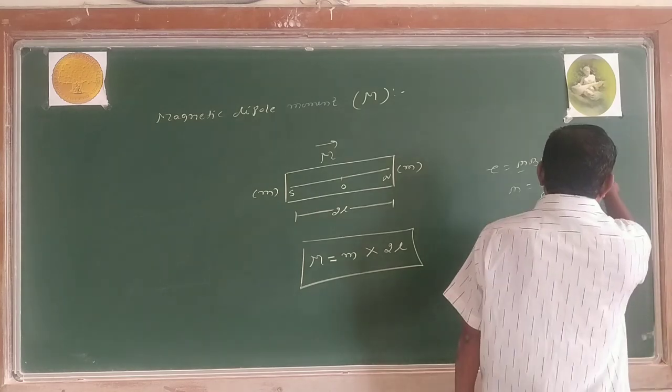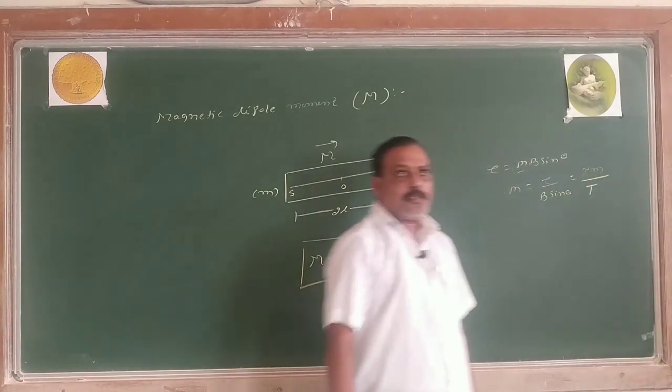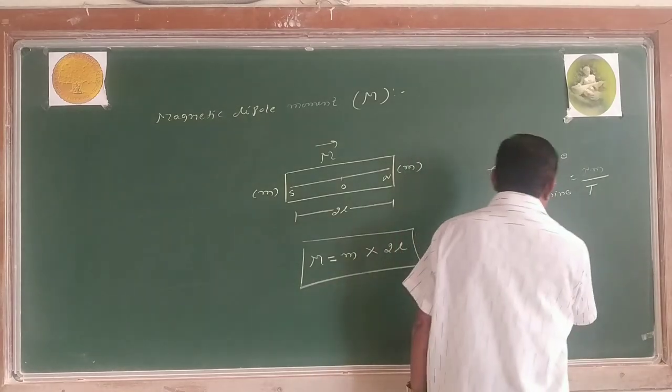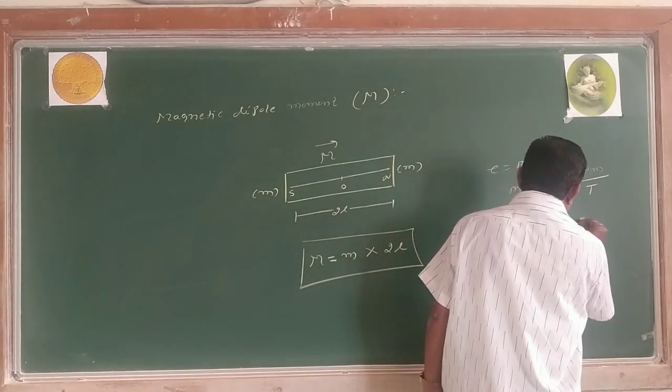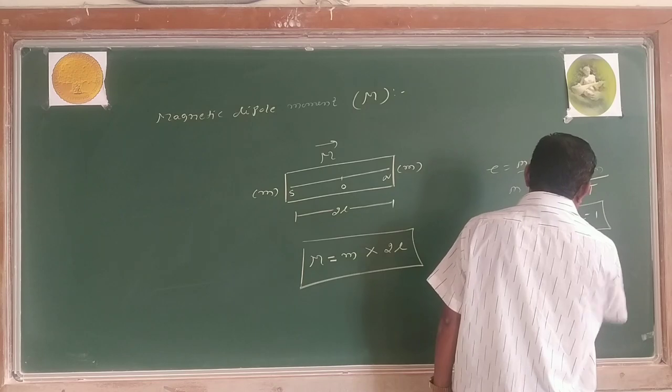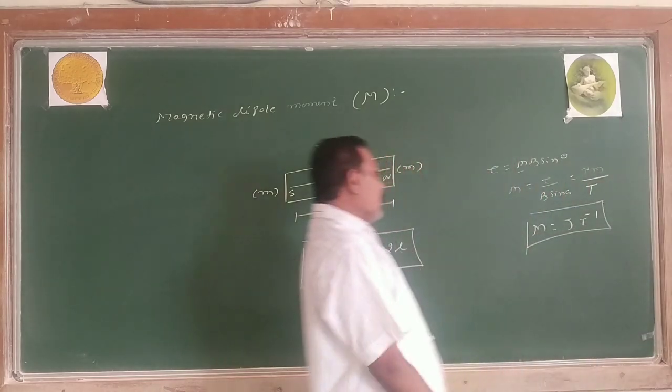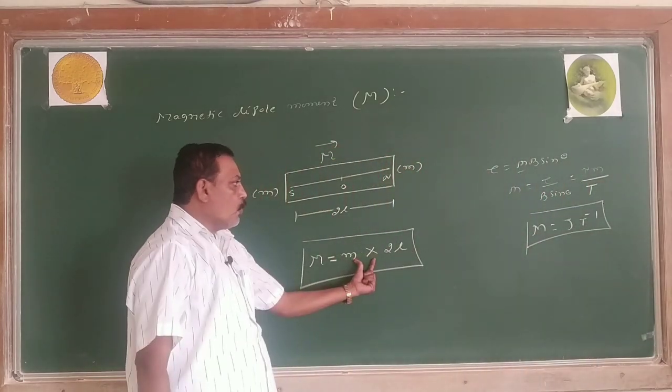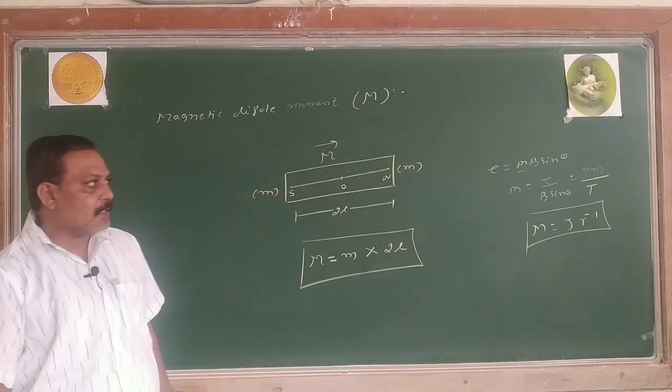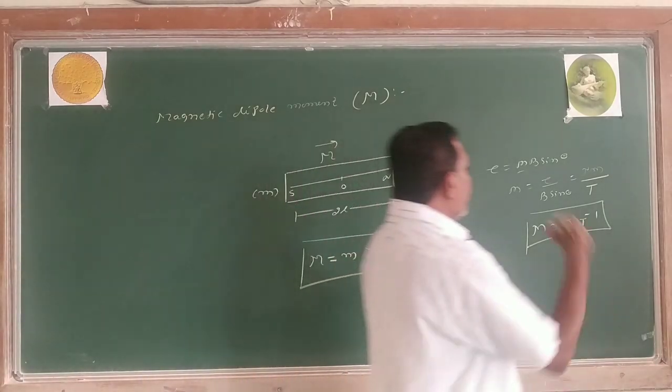Newton meter is also work, equal to force into displacement, which is joule. So, joule per Tesla. This Newton meter is taken as a joule, and per Tesla, its SI unit is joule per Tesla, otherwise Newton meter per Tesla.